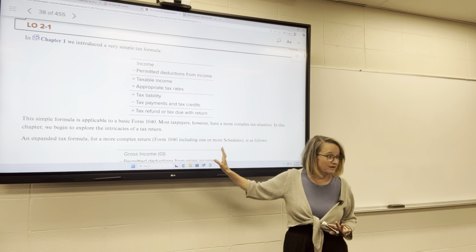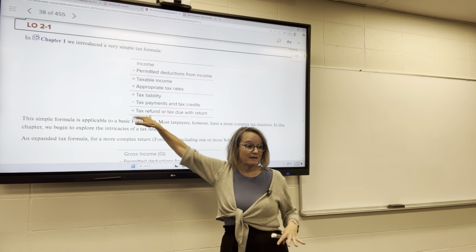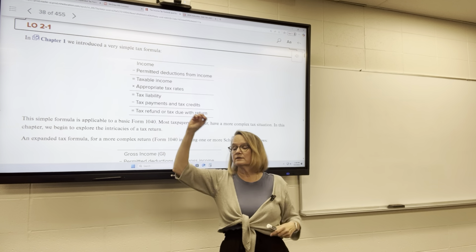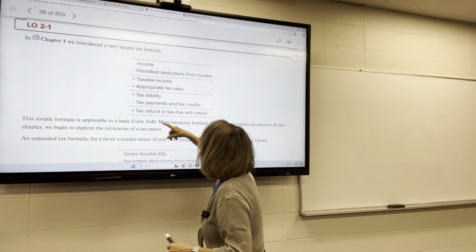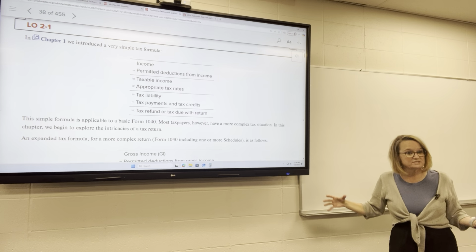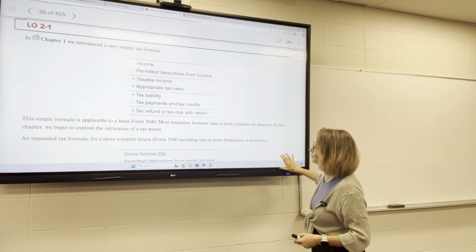We haven't talked about tax credits in detail yet, mostly focused on those tax payments, but that's the amount that was withheld from paychecks that shows up on the W-2 form, to arrive at our tax refund or the amount that's tax due. So this is our simplified formula that you're already familiar with.